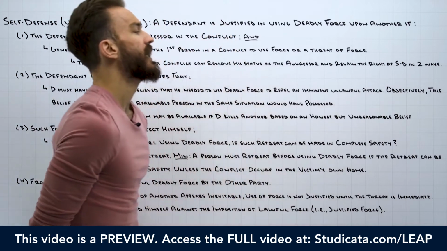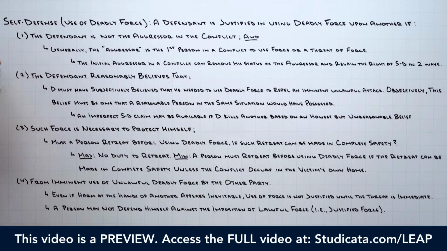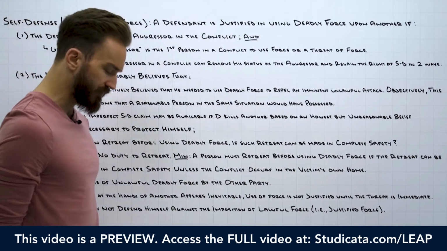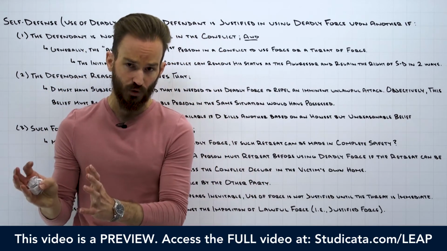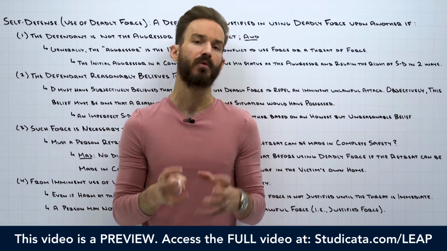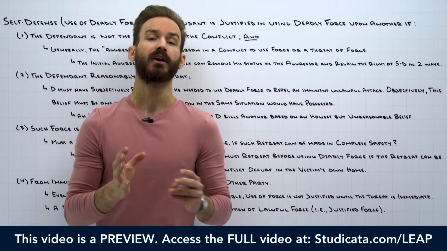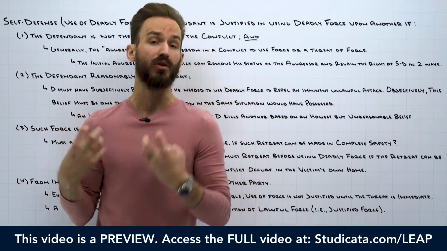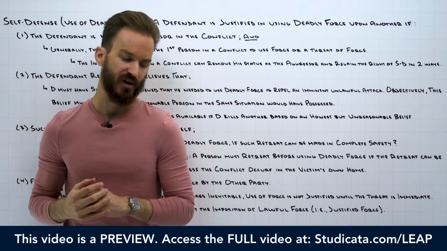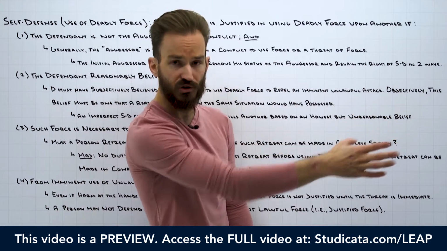The second way is if a person threatens to use deadly force, but then they renounce their threat to use deadly force and remove themselves from the conflict. Then they actually remove their status as the aggressor and regain their right to claim self-defense. So say I threaten the student with a gun.